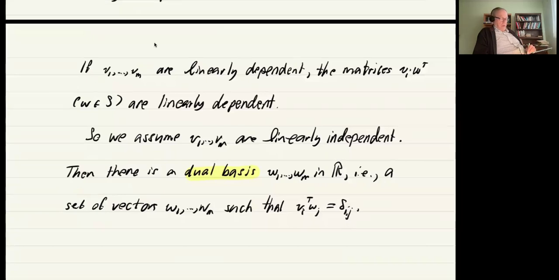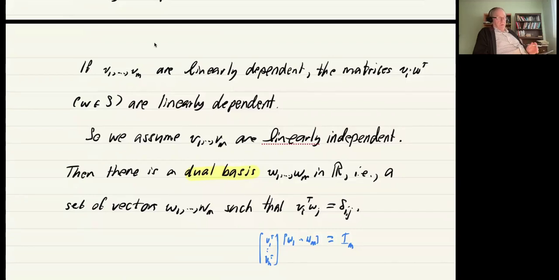In matrix terms, we're drawing out v1 transpose through vm transpose times w1. Now, this is just a matrix equation, and if the columns are linearly independent, then you can find w's that work.